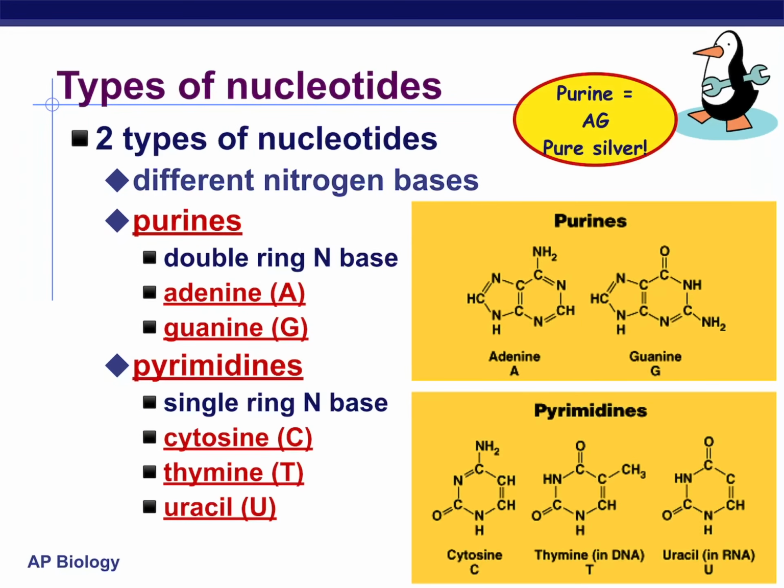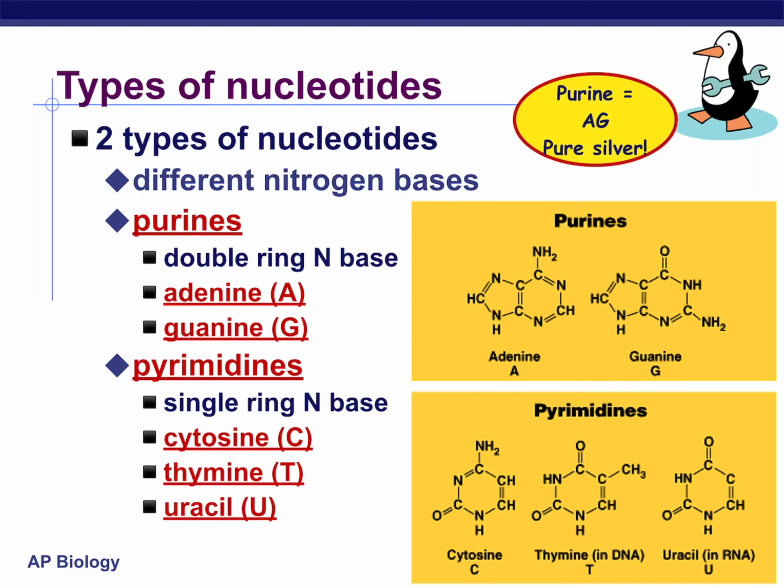There's 2 types of nucleotides. So we have purines and pyrimidines. Purines are going to have a double nitrogen carbon ring, and then pyrimidines are going to have a single carbon nitrogen ring. And so A's and G's are purines, and C, T's, and U's are pyrimidines.